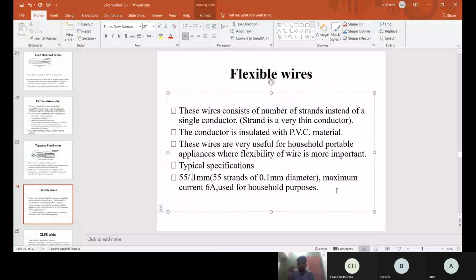Normally, for a home, by calculating all the loads with reference to the voltage, the current does not reach more than 6 amperes. So it can withstand a maximum of 6 ampere current. Like that, we need to select the gauge and strength of our wires.